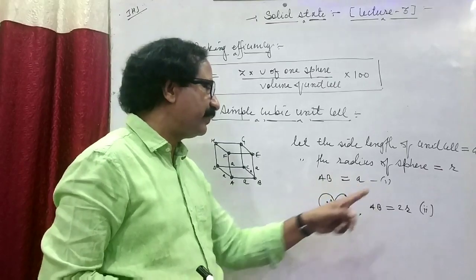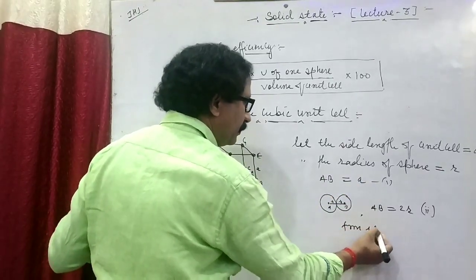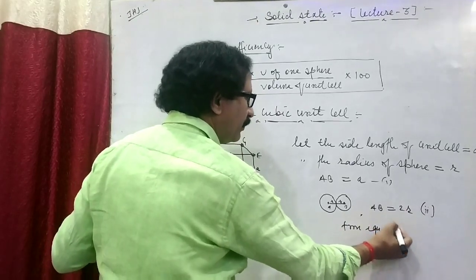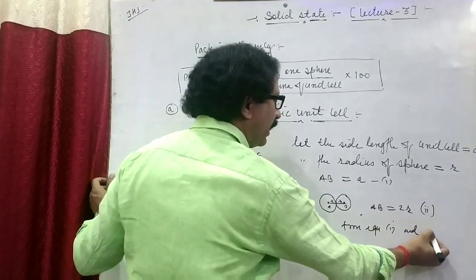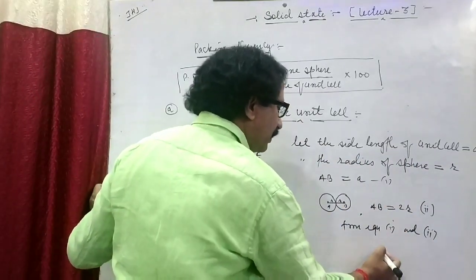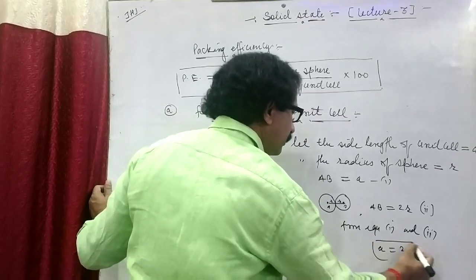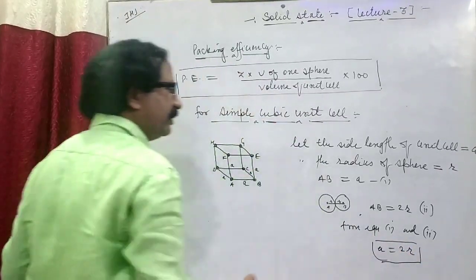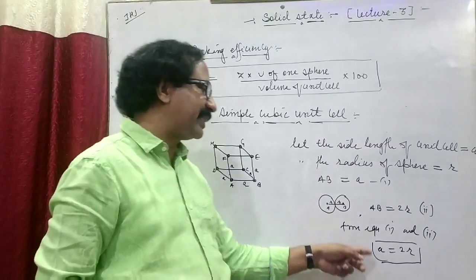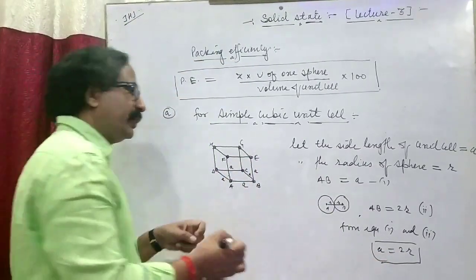From equation first and second, you can guess here A is equal to 2R. It is very important. This is the relation between the side length and radius of sphere for simple cubic unit cell.